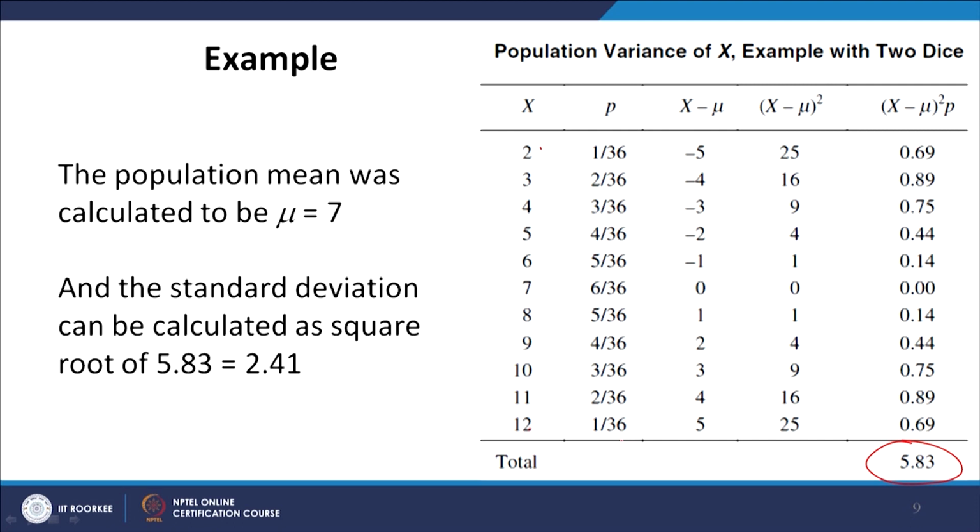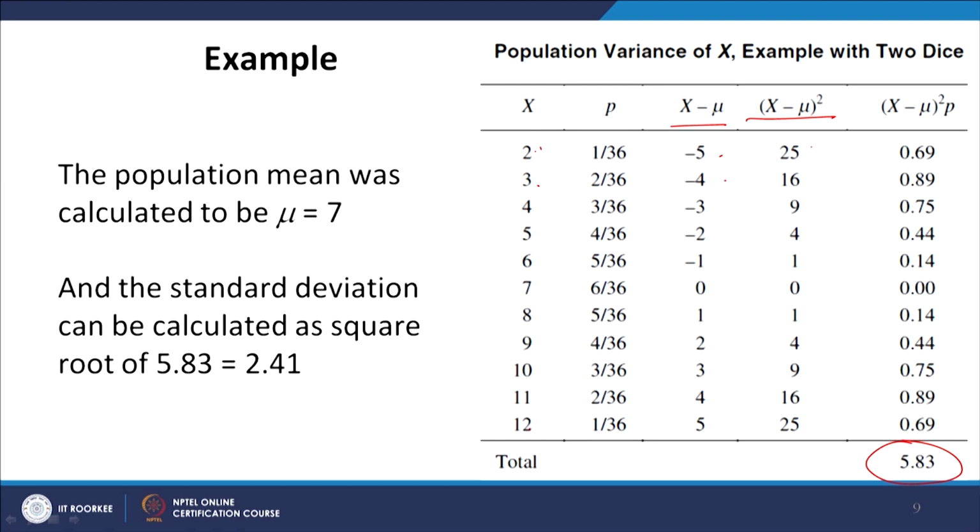Now, what I am doing is that this is the x minus mu column. So, 2 minus 7 is minus 5, 3 minus 7 is minus 4 and so on. Then we have x minus mu whole square. So, I am simply taking the square of this column. So, minus 5 square is 25, minus 4 square is 16 and so on.